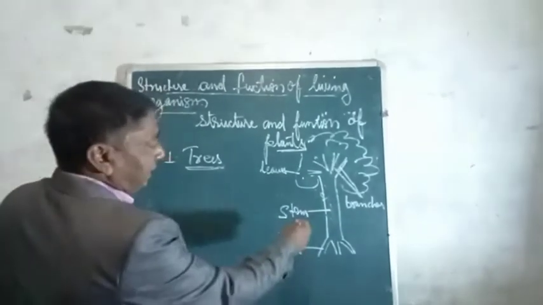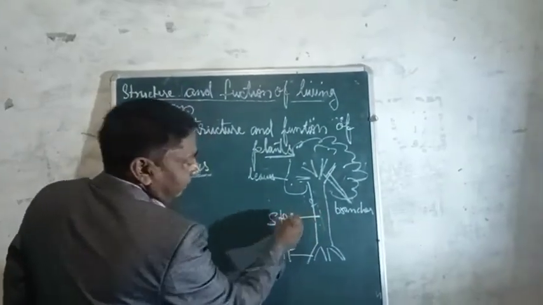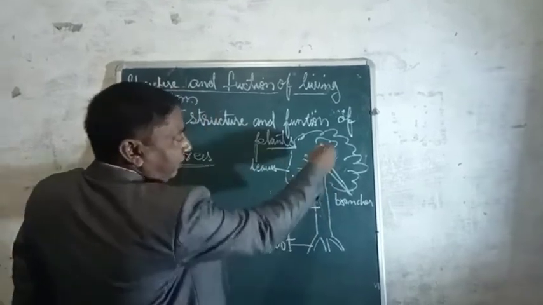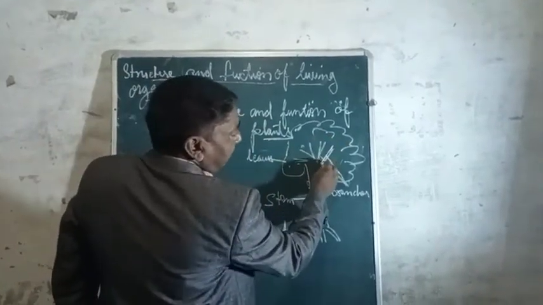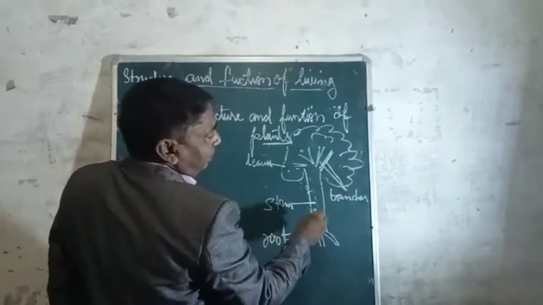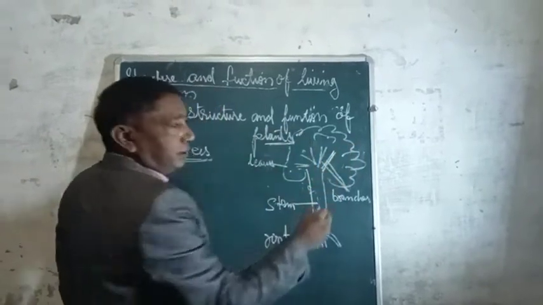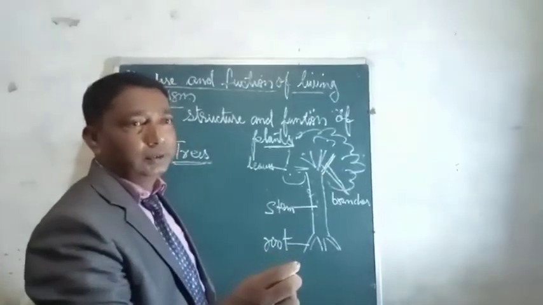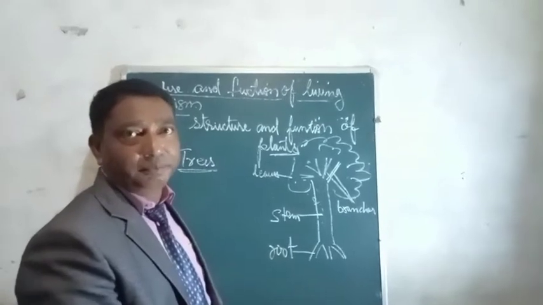It has a single trunk, and after that it bears branches, leaves, fruits, flowers, etc.